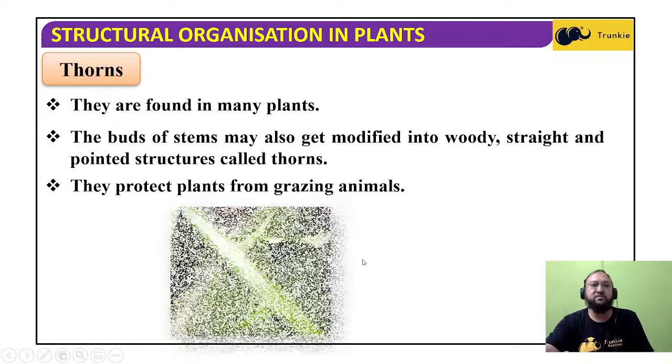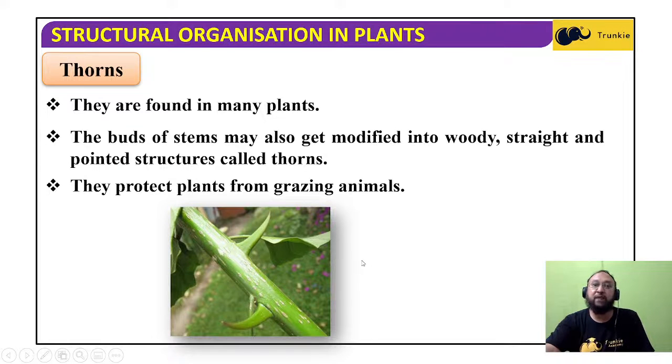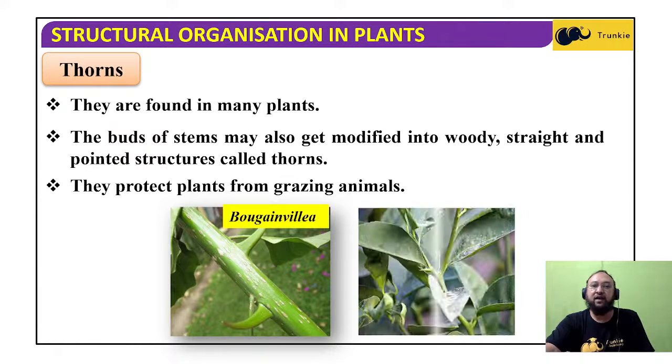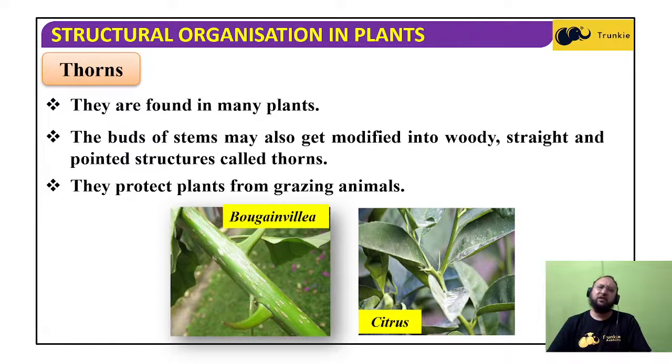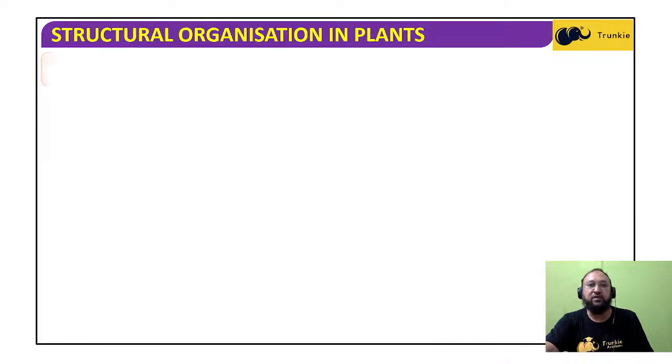So it's a kind of defense mechanism. For example, the bougainvillea and the citrus. Even the citrus has very sharp, small, hard thorns, in lemon and oranges also.